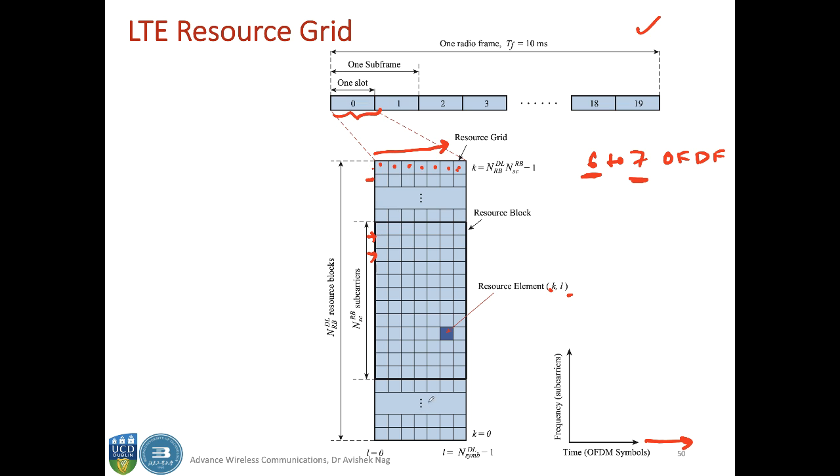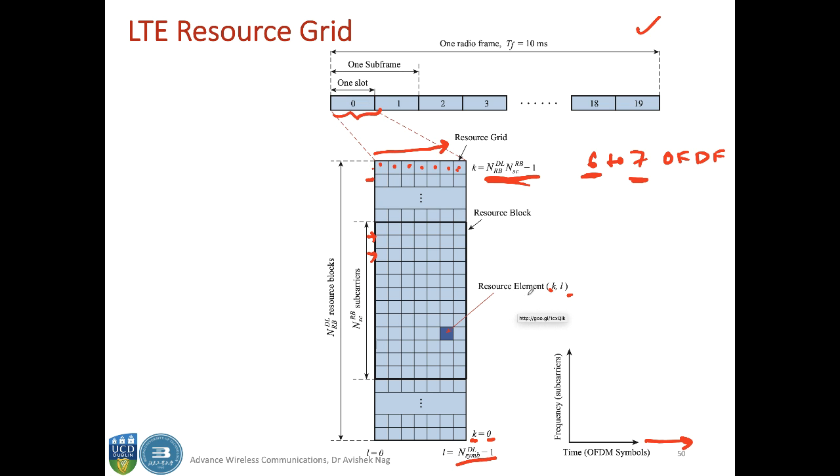So K is between 0 and its maximum value, and L is between 0 and its maximum value.